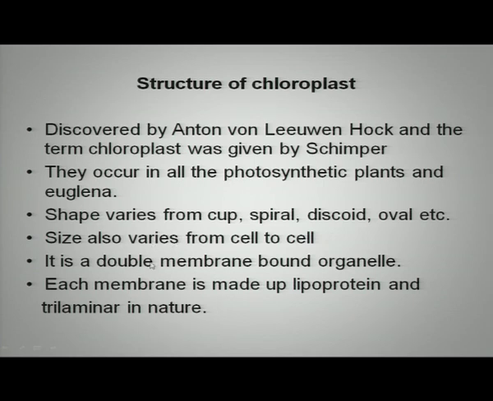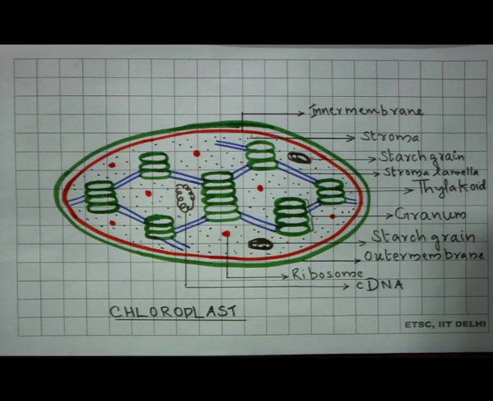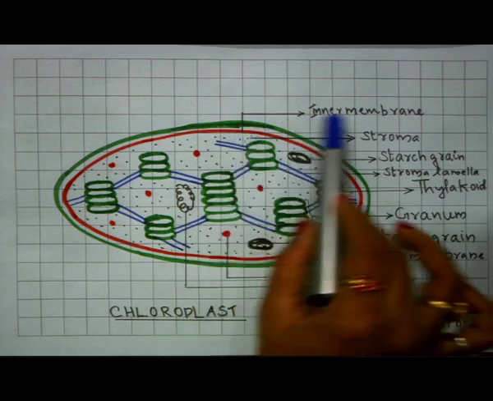They are again double membrane bound organelle. You can see here the diagram structure. They are also double membrane bound organelles with the two membranes, outer membrane and this one inner membrane.